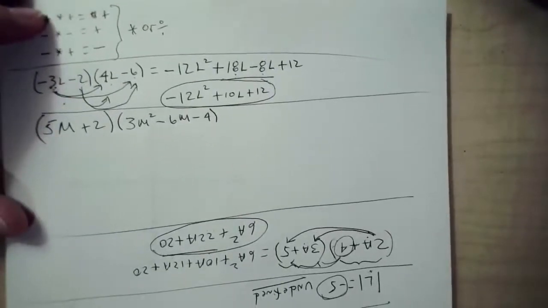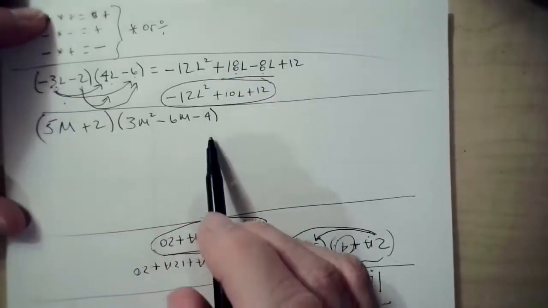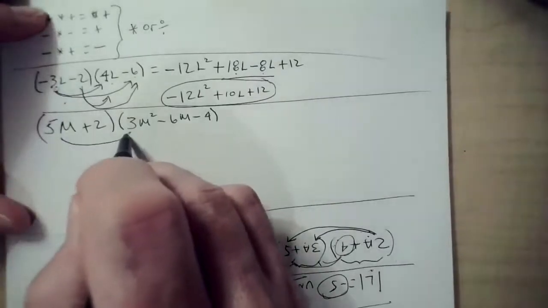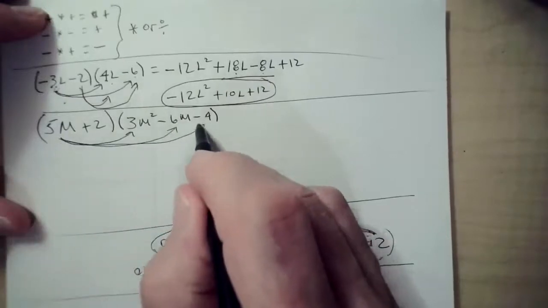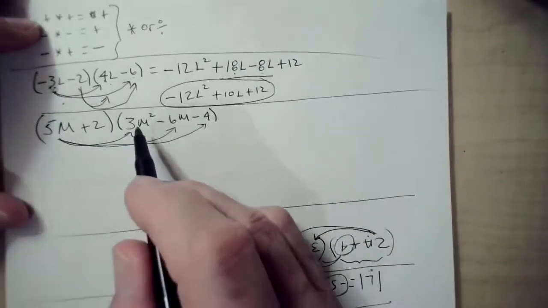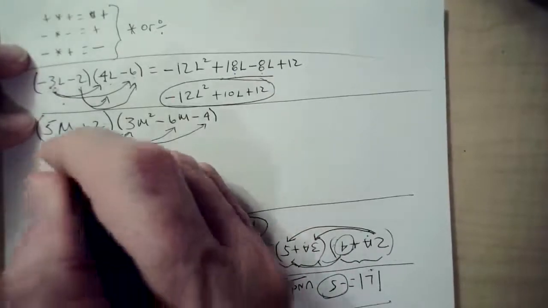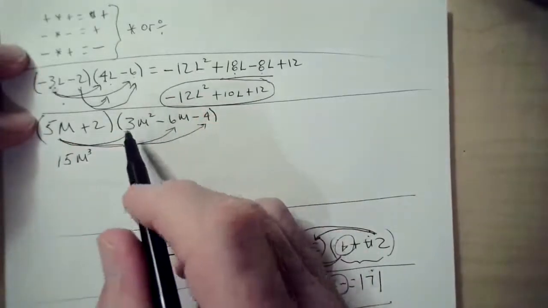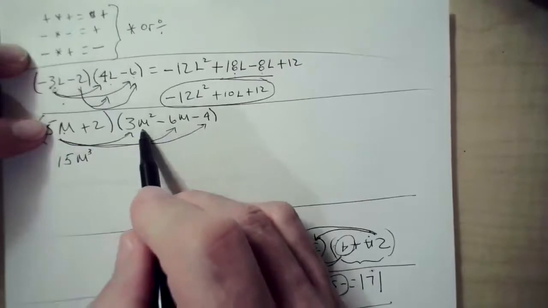Okay, let's try. Same thing, right? The only difference is we have more numbers over here, but it's the same process. First, we take the 5M and multiply it times everything over here. So 5M times 3M squared is 15M cubed, because remember, when we're multiplying and we have the same base, we add the exponents.